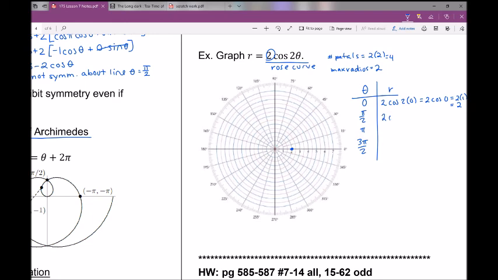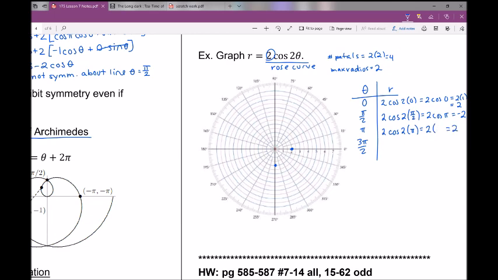Next we have 2 times the cosine of 2 times pi over 2, which is 2 times the cosine of pi, which is negative 2, because the cosine of pi is negative 1. So we go out to the circle of radius 2 in the negative direction, and we go around pi over 2. Then for the point where theta is equal to pi, we have 2 times the cosine of 2 times pi, which is 2 times 1, which is 2.